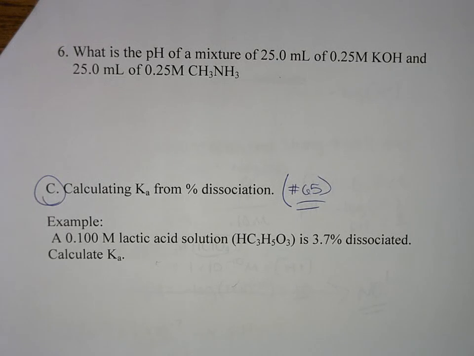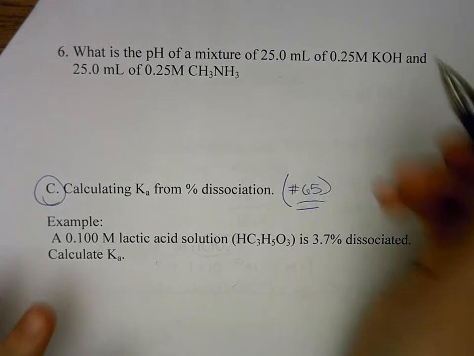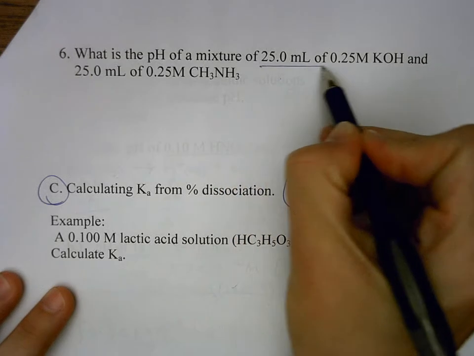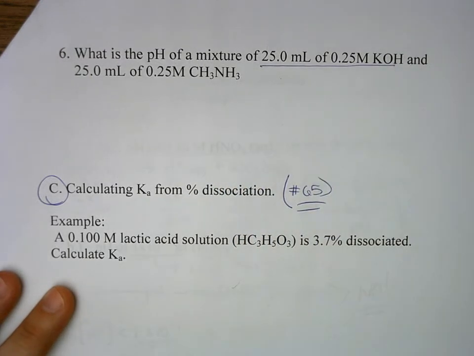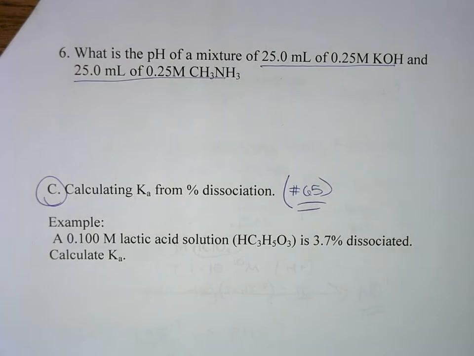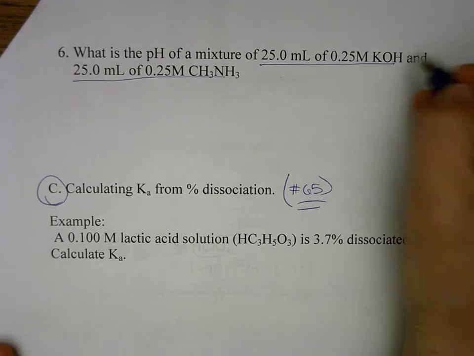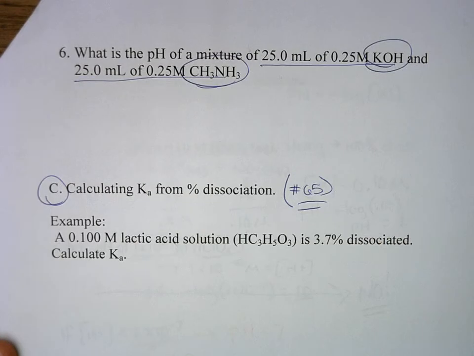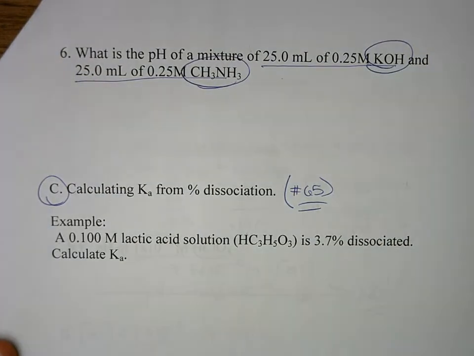So for number 6, key things: 25 milliliters of 0.25 molar potassium hydroxide, and 25 milliliters of 0.25 molar of that base, whatever that's called. First of all, you should recognize what kinds of things you're dealing with. You guys have the strong bases memorized, right?